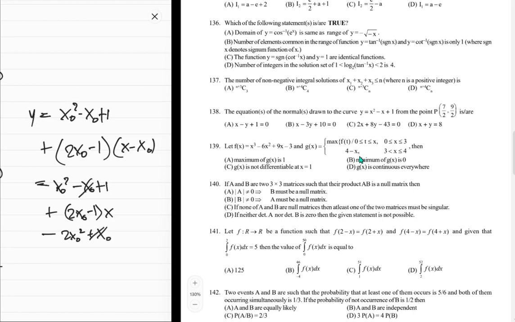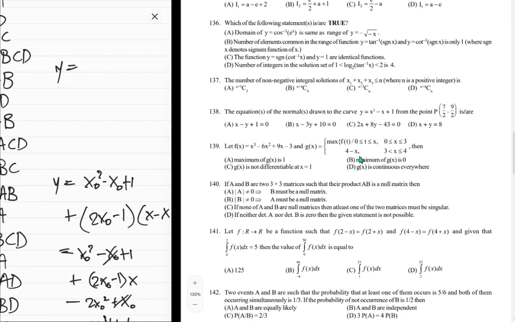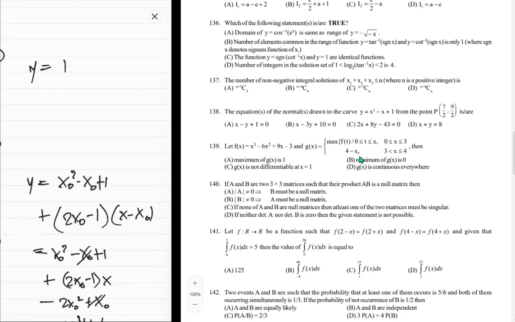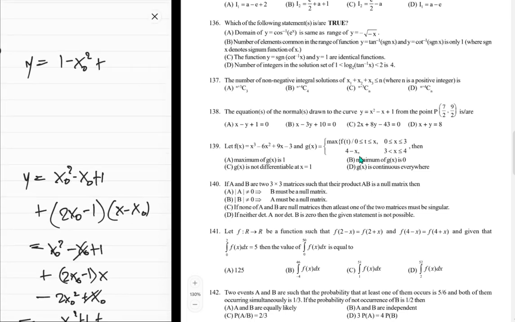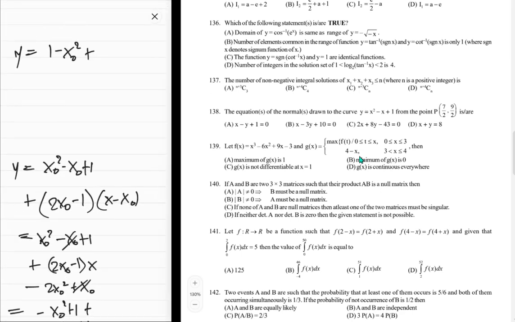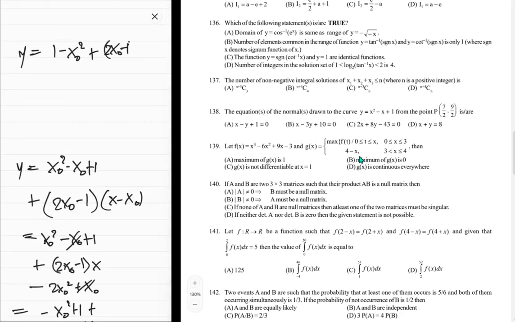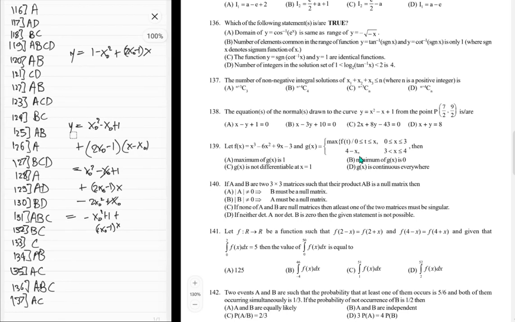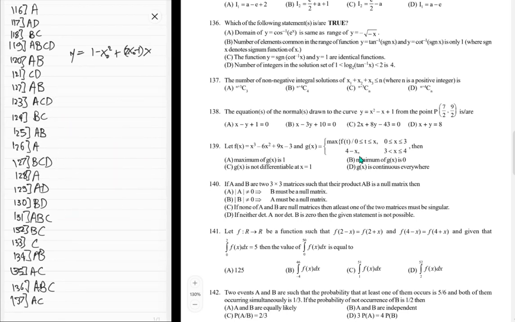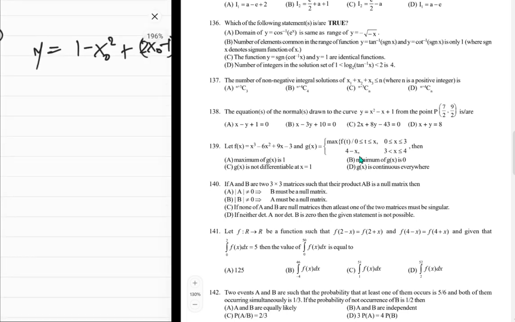This goes, so it's just negative x naught square plus 1 plus 2x naught minus 1 times x. So I'm writing it directly again: y equal to 1 minus x naught square plus 2x naught minus 1 times x. That is our normal, and our point is 9/2 and 7/2.